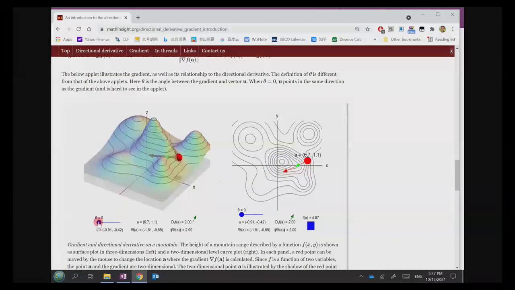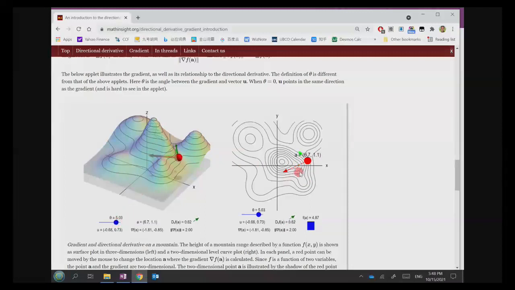When you move around, you can see there's one direction where the green one is in line with the red one, meaning U hat is in the same direction as the gradient vector. The directional derivative value there is the maximum, and obviously it's climbing up the hill.